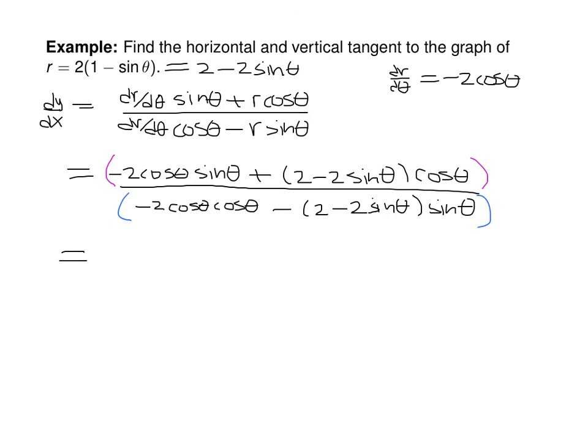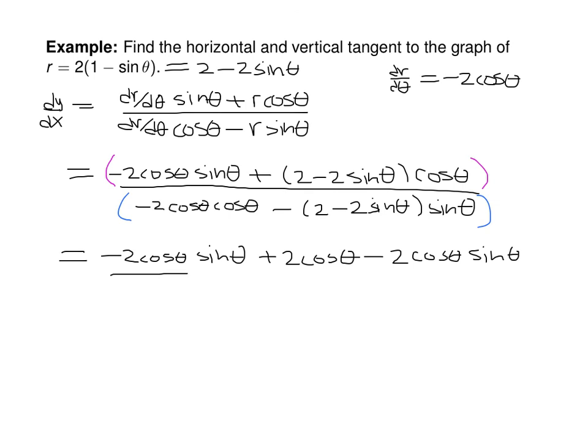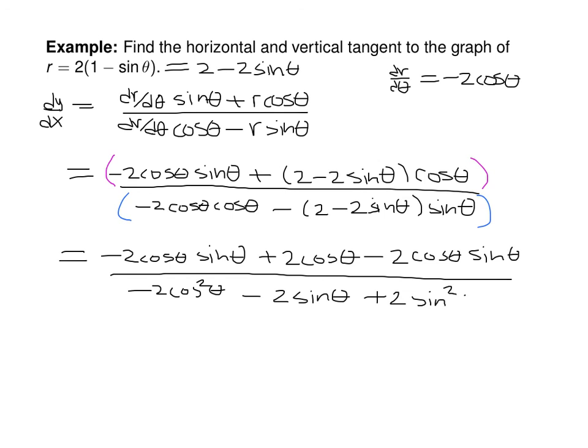So here we go. Negative 2 cosine theta sine theta plus 2 cosine of theta minus 2 cosine theta sine theta, all over negative 2 cosine squared theta minus 2 sine theta plus 2 sine squared of theta.